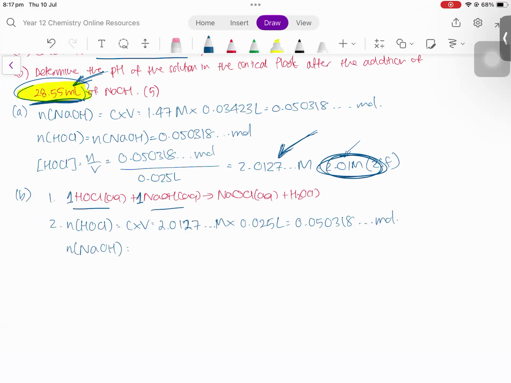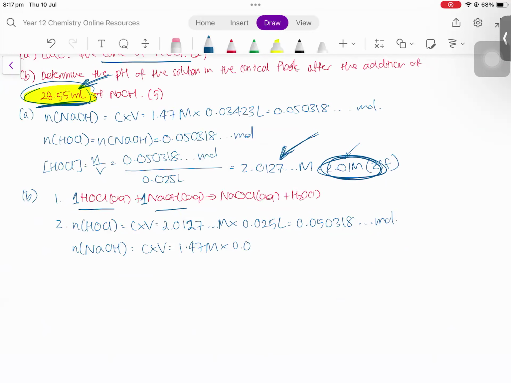So C times V, concentration of the base was 1.47 molar. And then the new volume that they want me to mix in is 28.55, so 0.02855 liters. What is the moles of NaOH? 0.04196 mole.